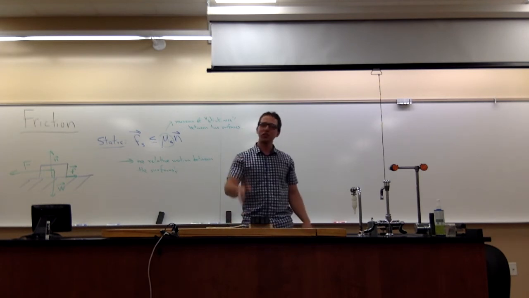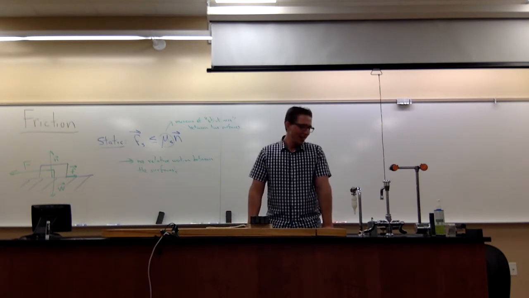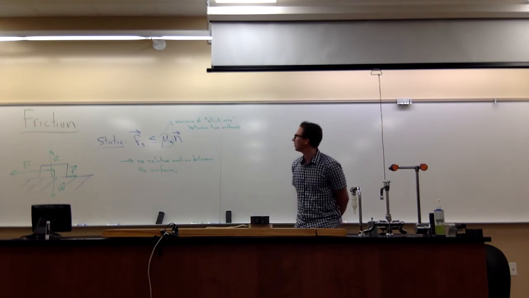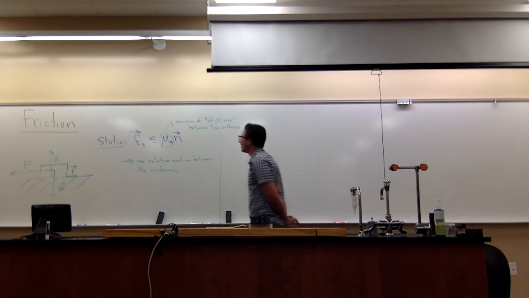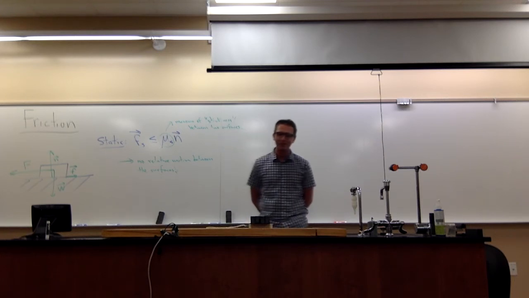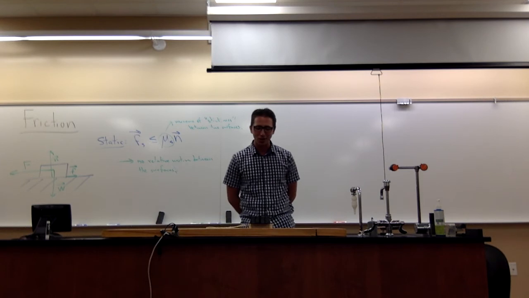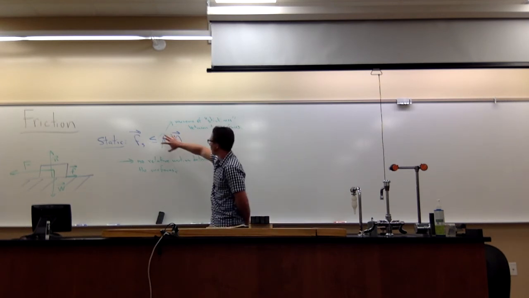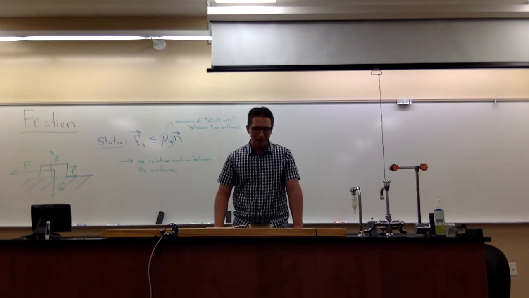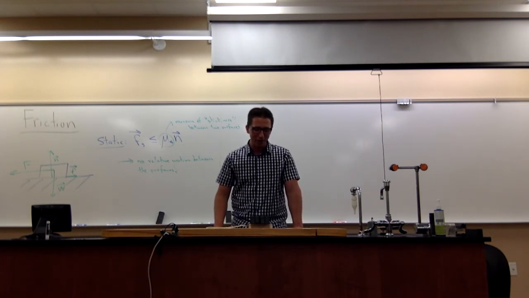Now one of the questions I want to put forward to you as a class is, how might we measure the coefficient of static friction? This is a parameter that depends on the two surfaces we're looking at. In my setup right here, I'm looking at the coefficient of static friction between wood and wood.